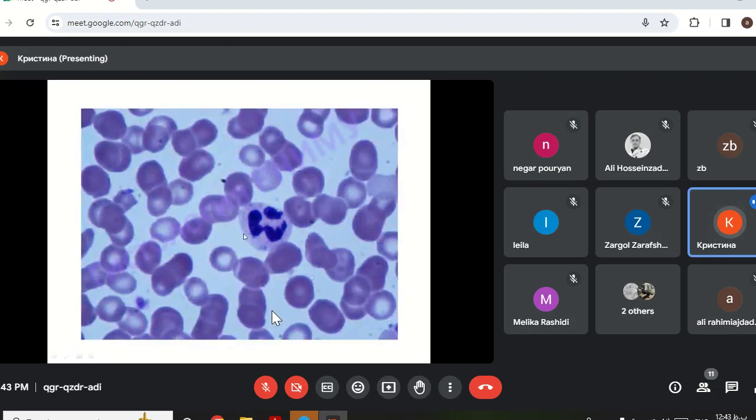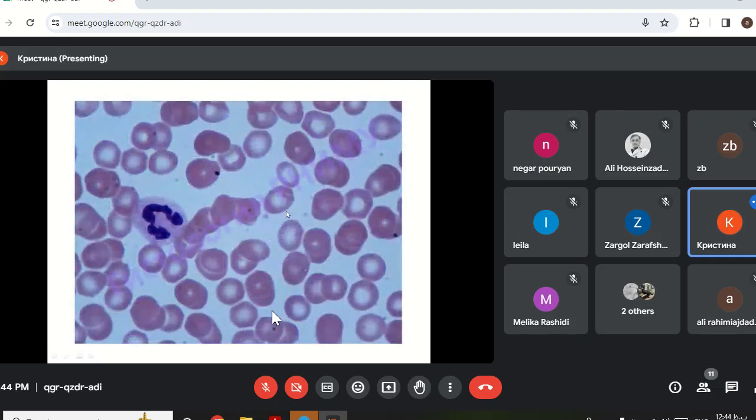Another example of a neutrophil. Neutrophils make up to 78% of all leukocytes, so they are present almost in all the fields of view. If you see the blood smear, they are much more frequently seen than other types of leukocytes.